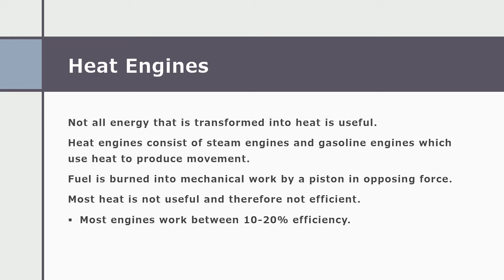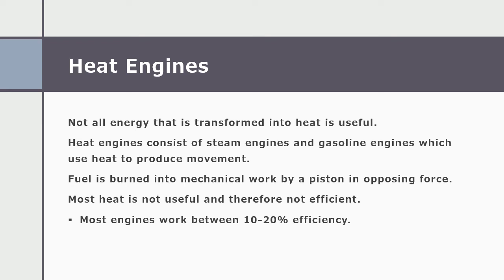Heat engines are an example of the second law of thermodynamics. When energy is formed, not all of it is transformed into useful heat. Heat engines consist of steam engines and gasoline engines, which produce heat for movement.